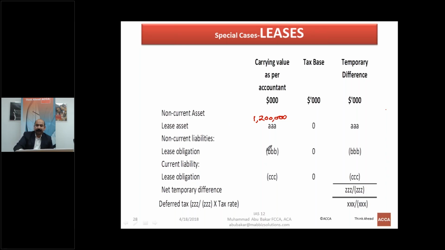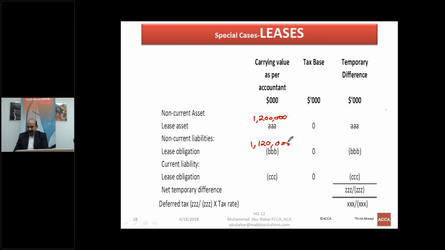Likewise, the liability will be calculated. Instead of bifurcating into two portions, we have just calculated it together. How did we calculate it? The lease installment of 480,000 is to be paid annually in advance.